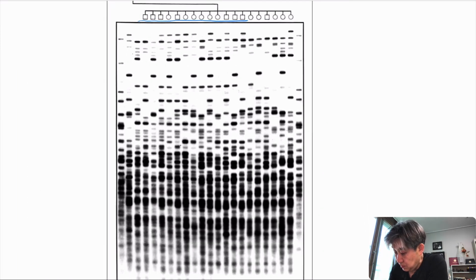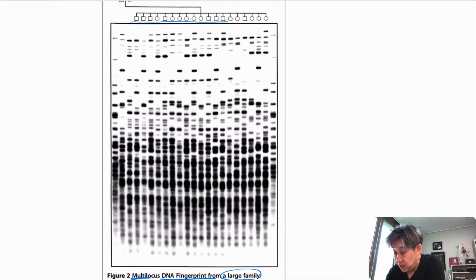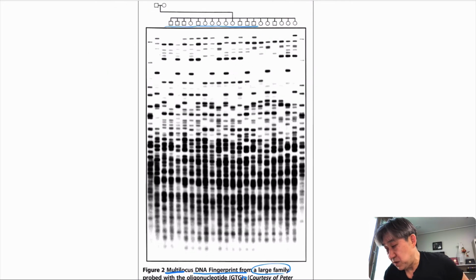Actually, if you look closely enough, then not a single such pattern is identical with any others. So that's something that you can be assured. So DNA fingerprint can be utilized in identification of a unique individual, is the point.